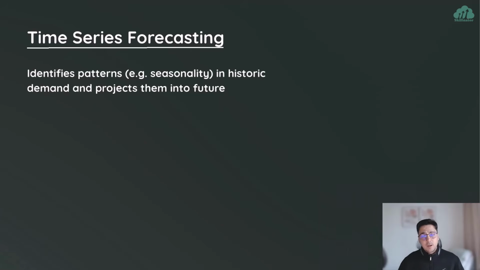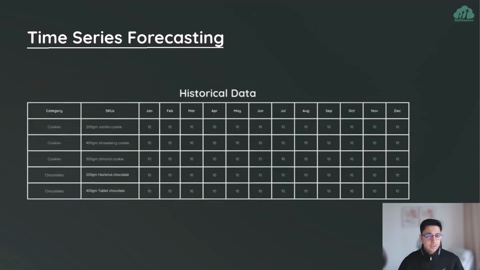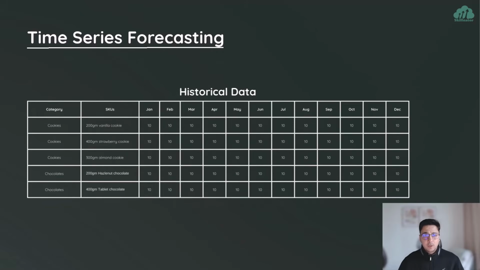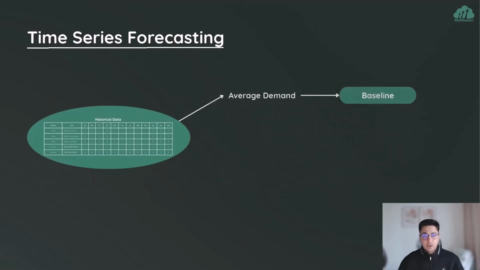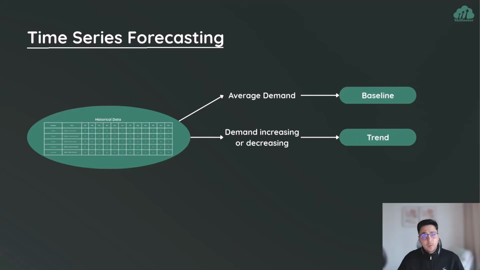First, the time series forecasting looks at the historical demand and establishes what a demand looks like on an average. This component is called the baseline level, or the baseline component. Next, it checks whether the demand is generally on an increasing trend, decreasing trend, or is it relatively stable. That becomes the trend component.